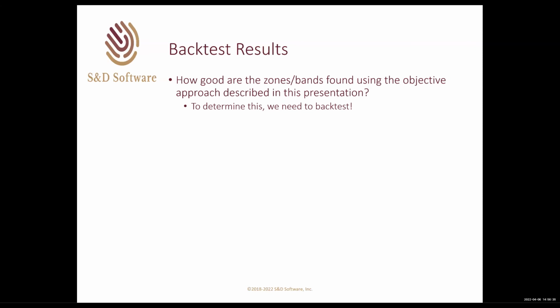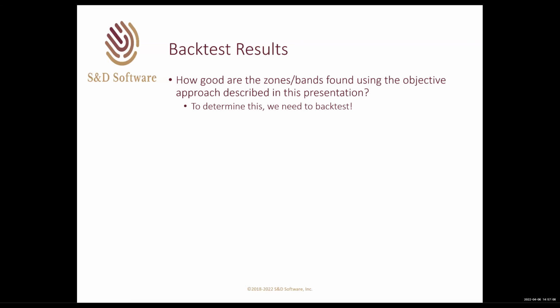The first stage is finding your bands, your zones. Stage 2 is filtering the zones that you found. Stage 3 is where you apply a strategy. And stage 4 is where you actually go and execute the strategy.